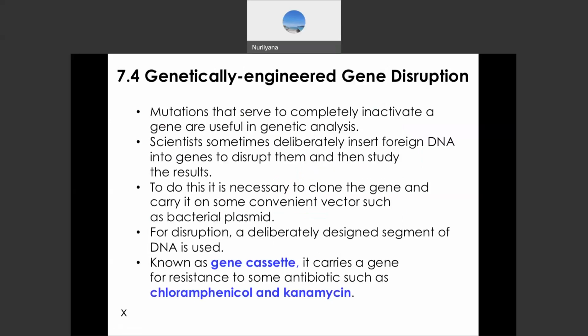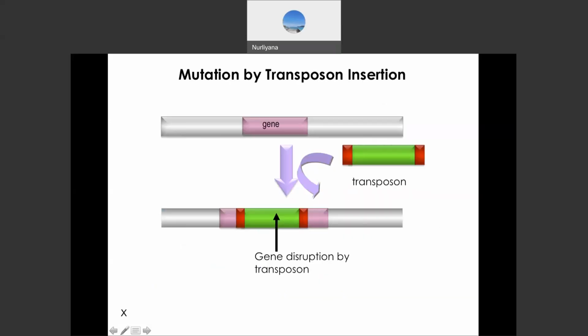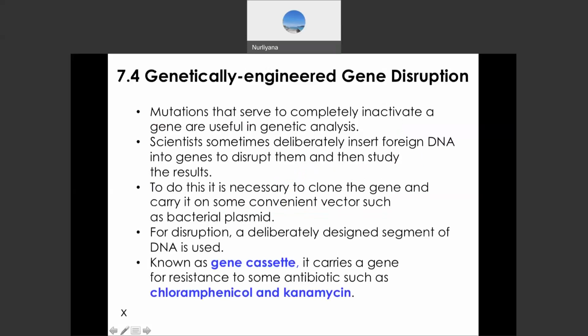However, genetically engineered gene disruption is not all the time a bad thing. Sometimes it can be very helpful because we can design the segment of the DNA and use this gene to do some modification.